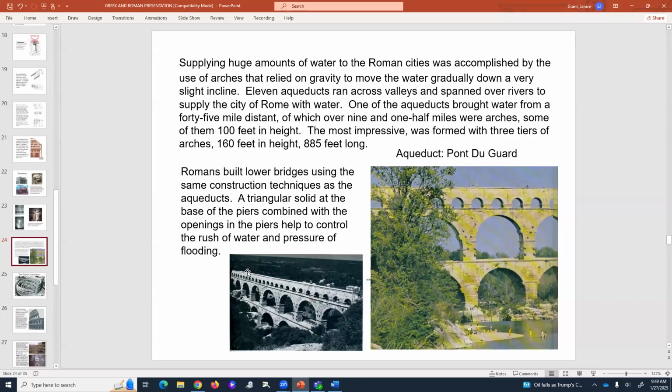Of which over 9.5 miles were arches. So imagine the grandness of these arches; you can see how the loads are coming down into the bigger columns there. Some over 100 feet in height. Can you just imagine that?